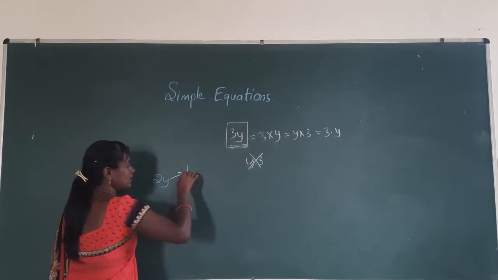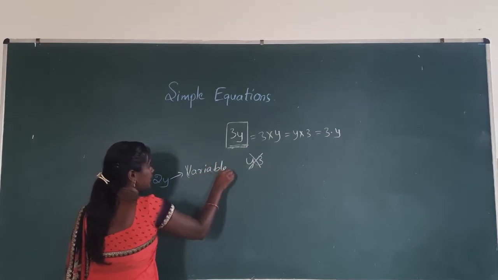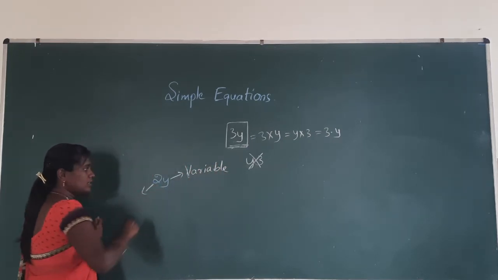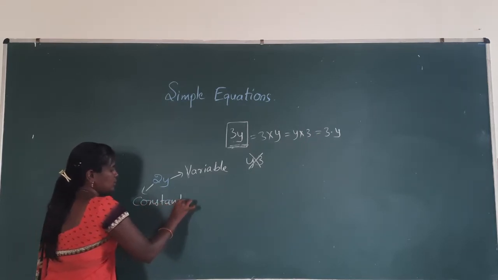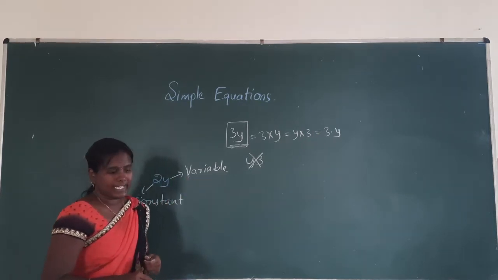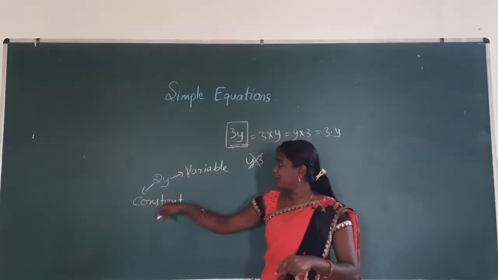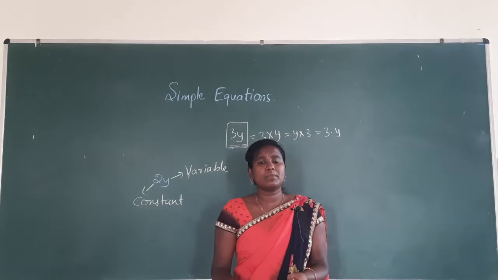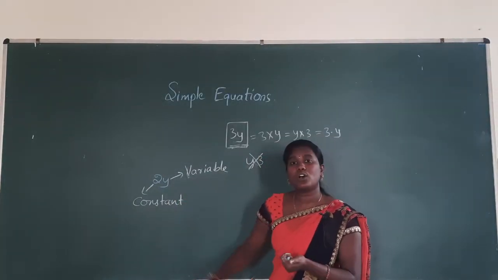Y is the variable. Then what is 2? 2 is a constant. 2 is a constant and y is a variable. Then what are the meanings of this variable and the constant? What is the meaning of a variable? What is the meaning of this constant?